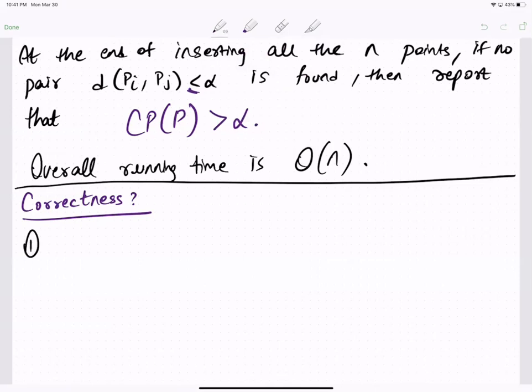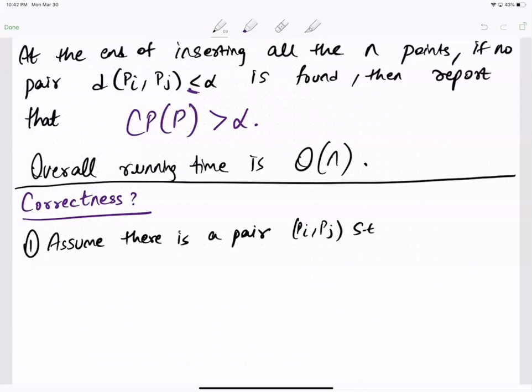First is, assume there is a pair Pi, Pj such that the distance between Pi comma Pj is less than alpha, right? So without loss of generality, the short form for that is this. Assume Pj gets inserted after Pi.